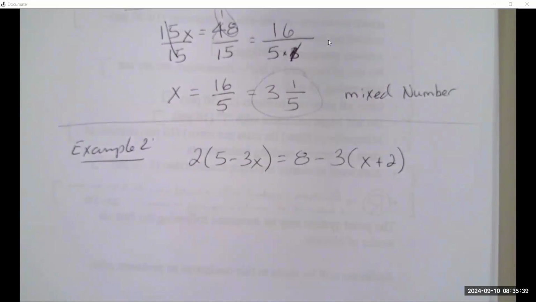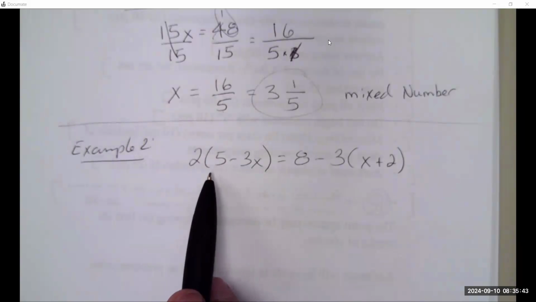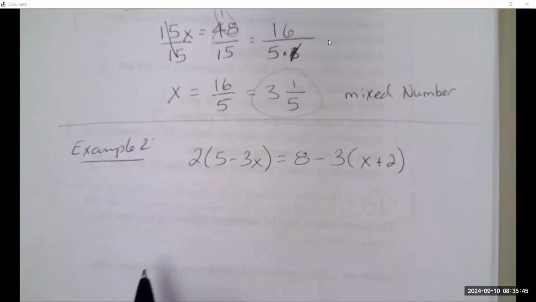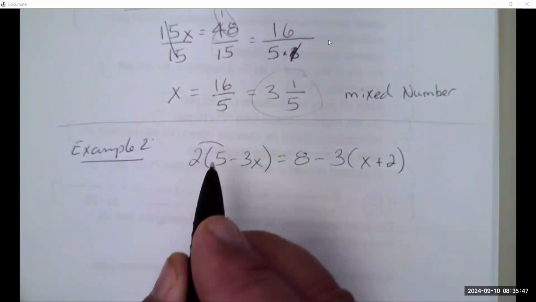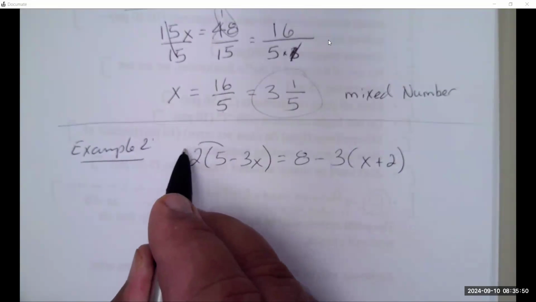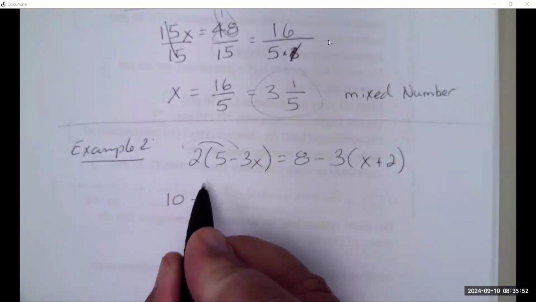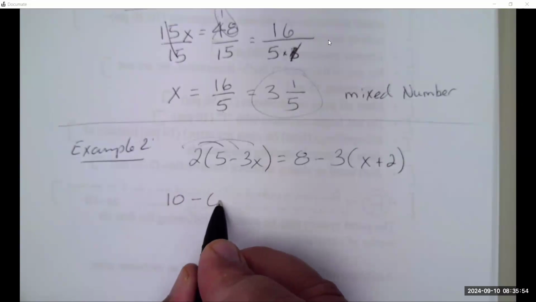Can we do anything inside the parentheses? Order of operations still applies, so we have to do the special operations first. Nothing, so we get rid of them. We multiply. 2 times 5 is 10. Positive times negative is negative. 2 times 3 is 6.